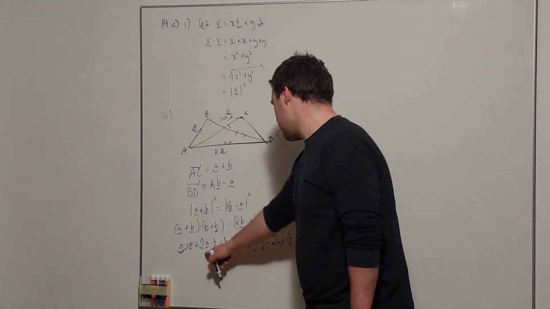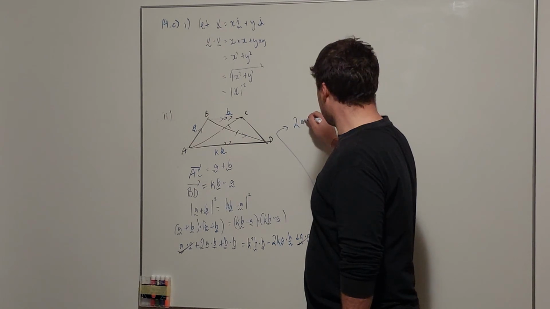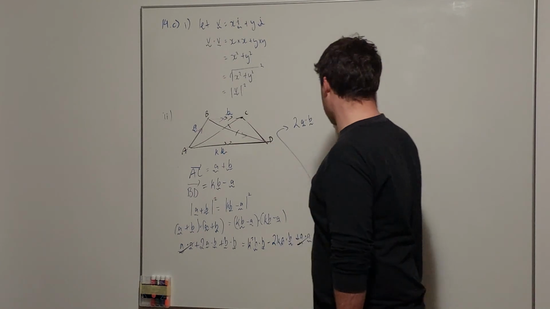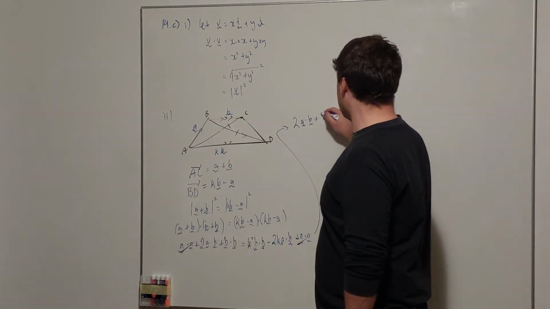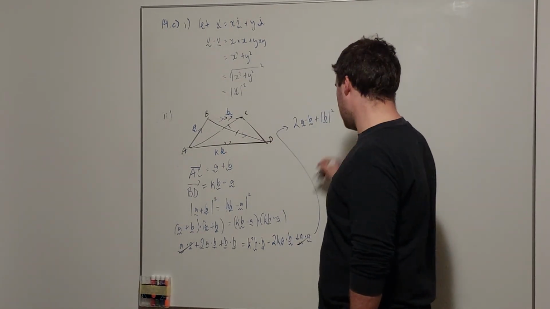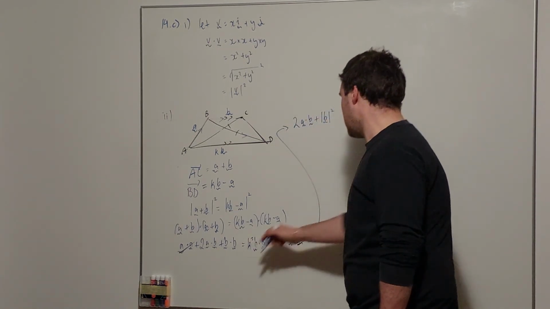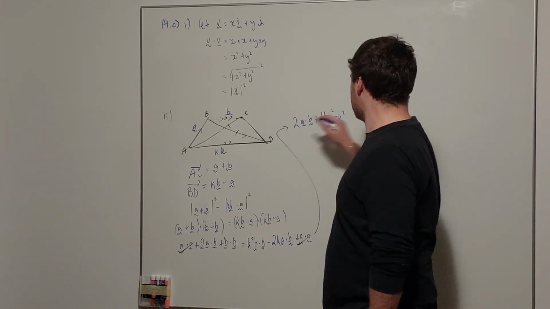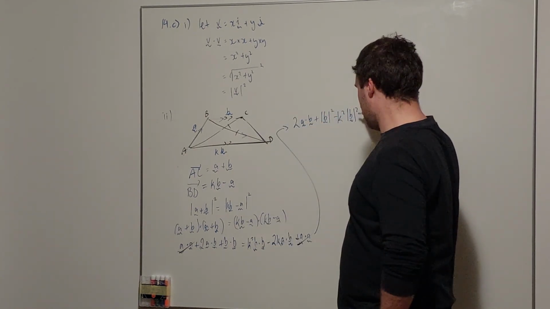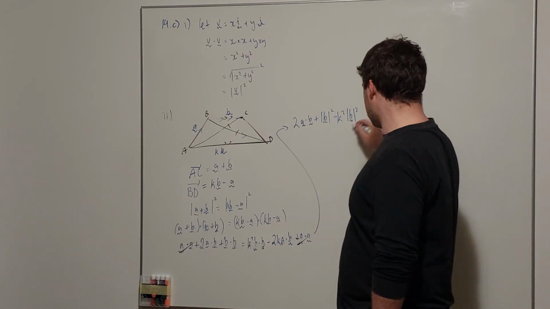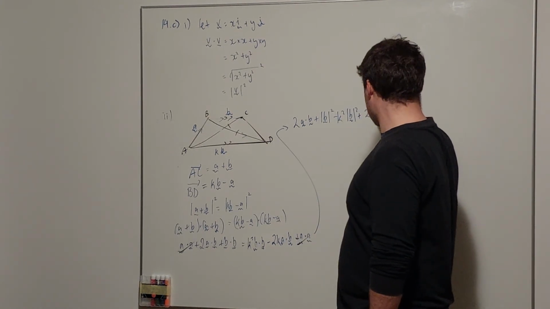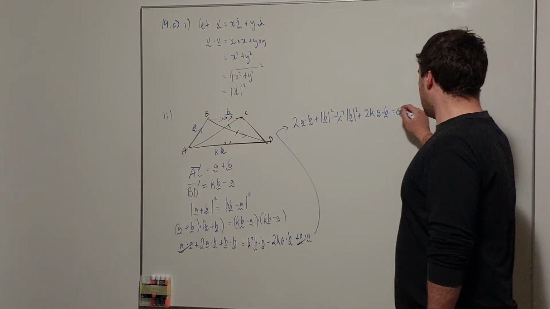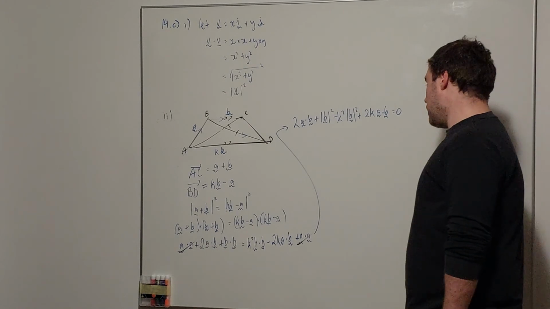Okay, so here we've got 2a dot b. And now b dot b, going back the other way, is going to be plus magnitude of b squared, minus everything over to this side. So we're going to have minus k squared b dot b, which will be magnitude of b squared, plus 2k a dot b, is going to equal 0.